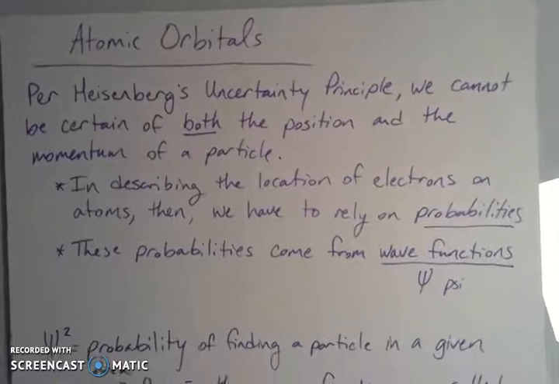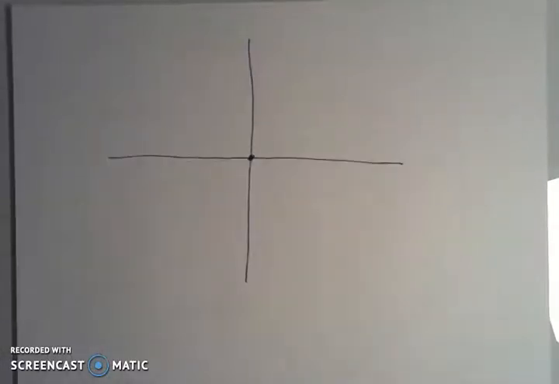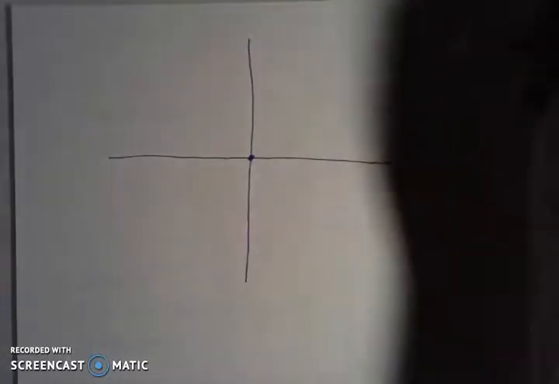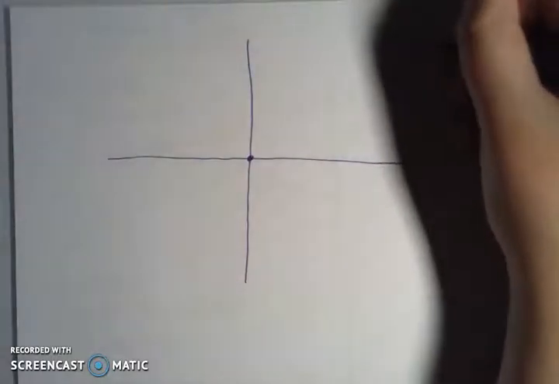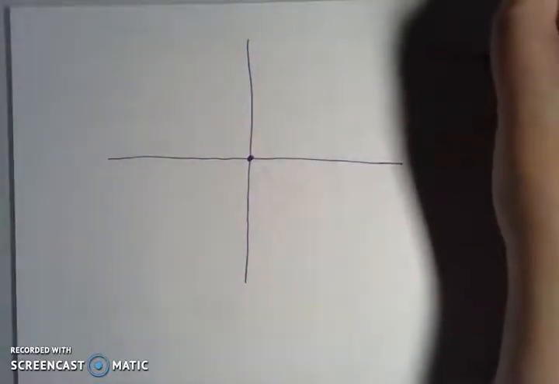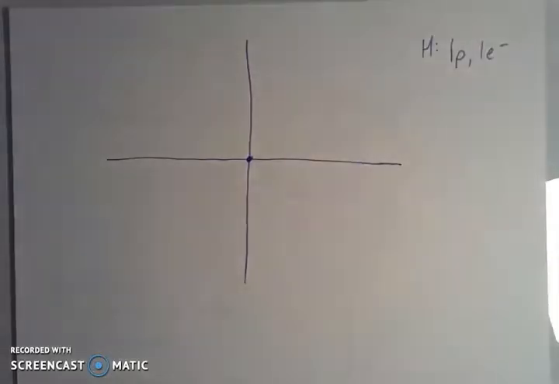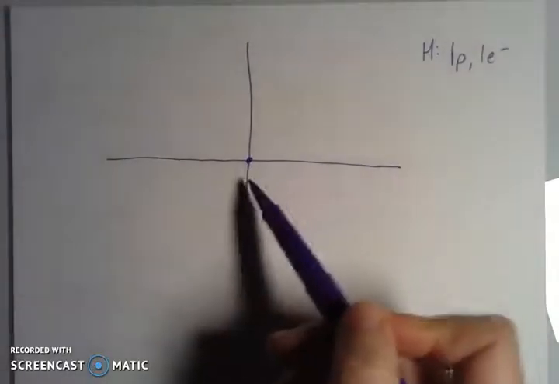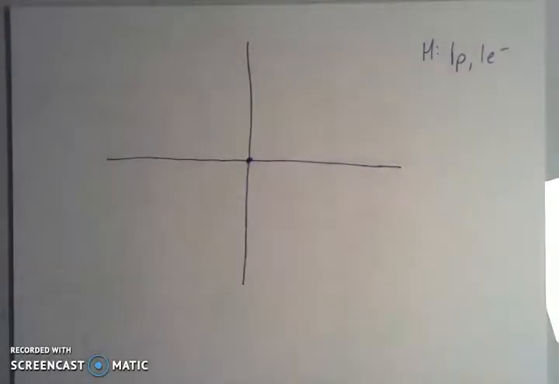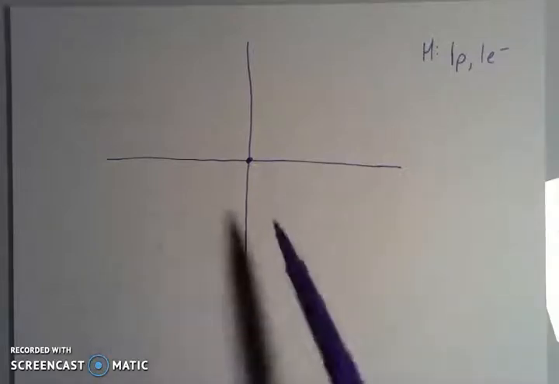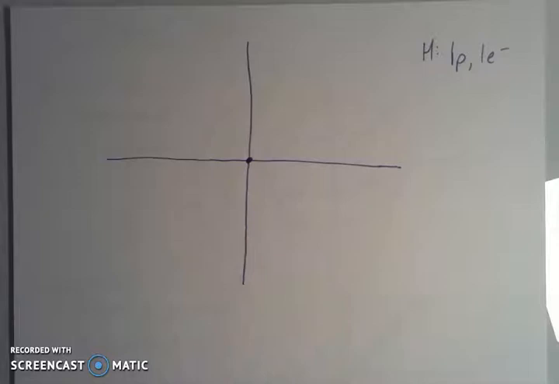Let's think about this from more of a conceptual standpoint. If I take a hydrogen atom, which we know is made up of one proton and one electron, I have my one proton at the center, in my nucleus here, and I'll use my XY axis. Let's say I have a teeny tiny nano camera, and I'm taking a picture of that one electron as it is buzzing around on this atom.